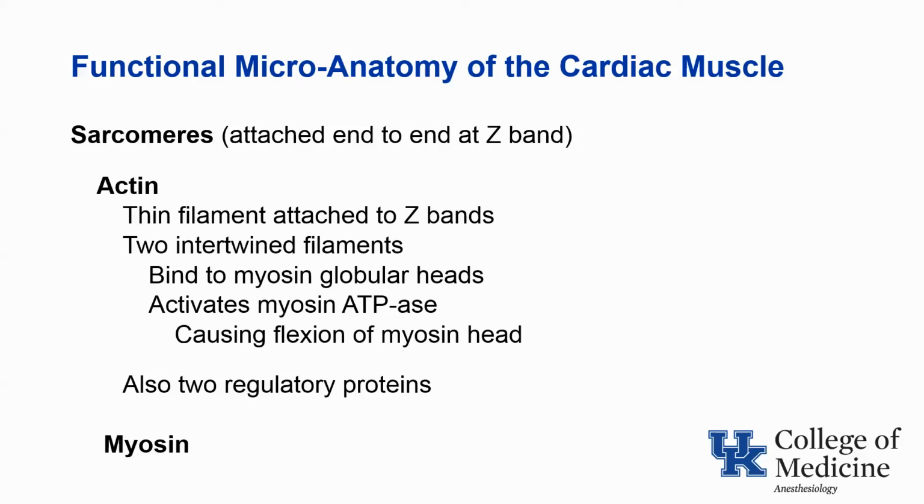The sarcomeres are attached end to end at the Z-bands, and inside the sarcomeres are the two components, the actin and the myosin. The actin are the thin filaments and the myosin the thick filaments. They bind to the myosin with globular heads, and activation causes flexion of these heads.